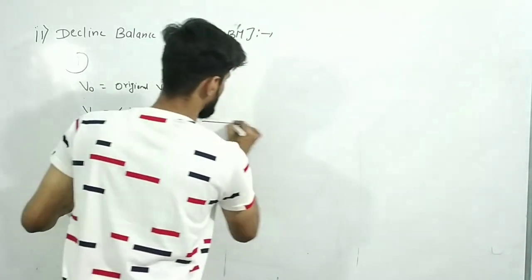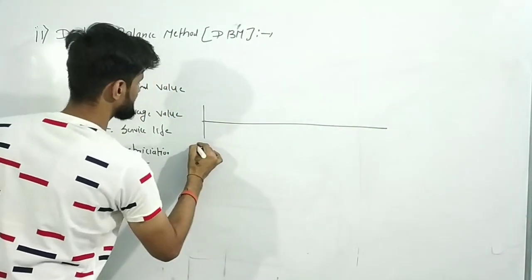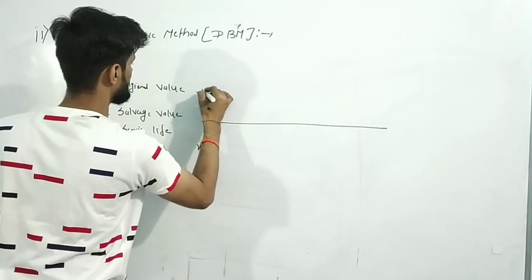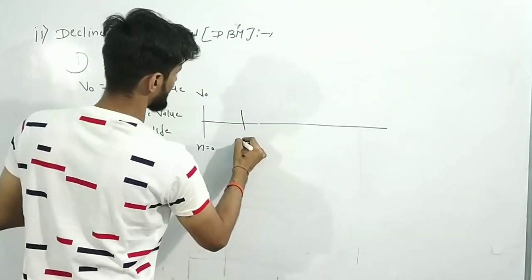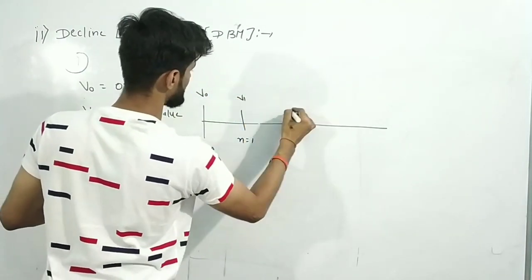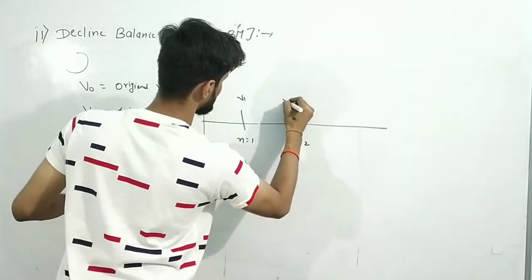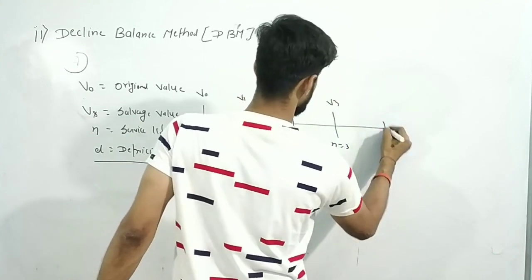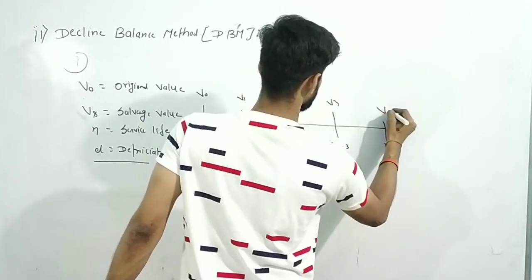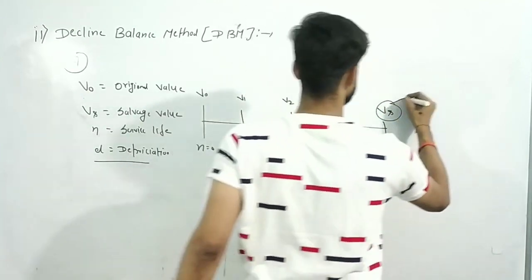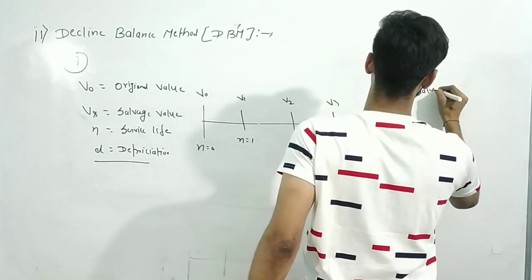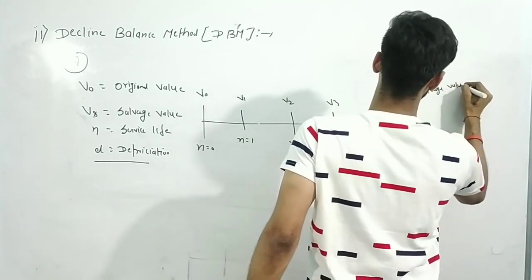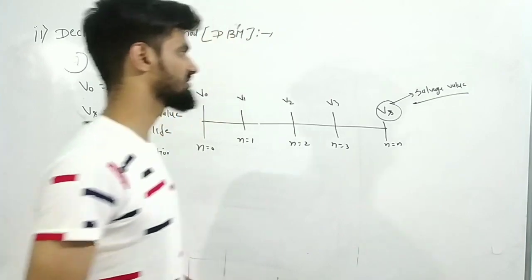At n equals 0 the value is V0. At n equals 1 you get a value V1, at n equals 2 you get V2, at n equals 3 you get V3, and at n equals n you get Vs, which is called the salvage value. I have already discussed the definition of salvage value in my previous lecture.